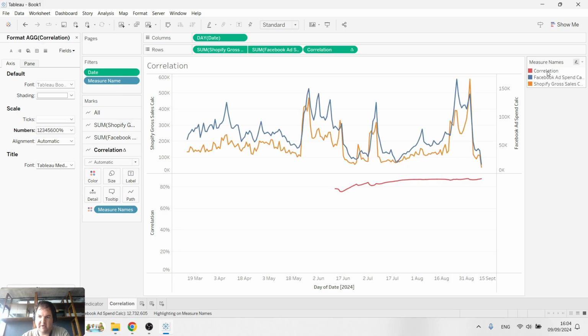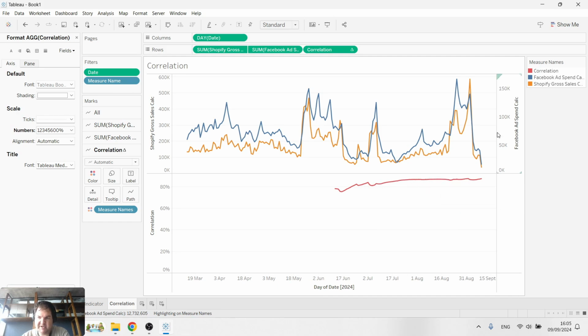And when we look at the correlation, in this case, we're looking at a moving 90-day correlation. We can see that the correlation between Facebook ad spend and Shopify gross sales in this data set is in the range of 80 to 87%. That's very high correlation.